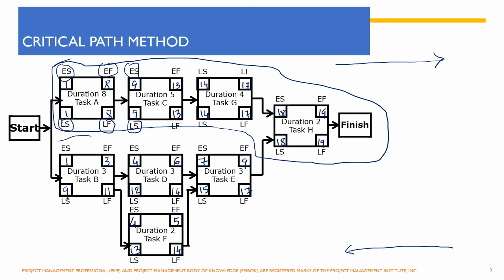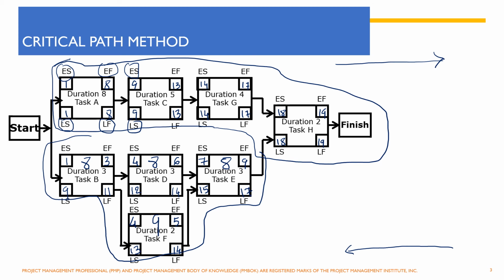But for these activities, activities B, D, E and F, there is a difference between early finish, late finish, or early start, late start. So this provides us the flexibility. Here there is a difference of 8 days. Here as well is a difference of 8 days, and here there is a difference of 9 days.